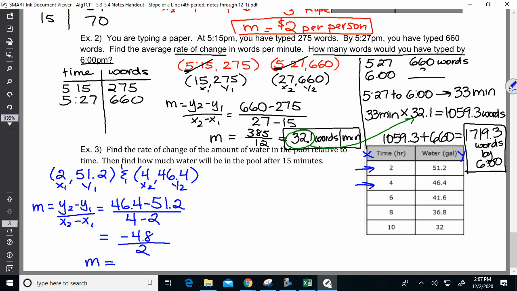So your slope is negative 2.4 gallons per hour. That's the first part of the problem. Find the rate of change. Questions before we do the second part?